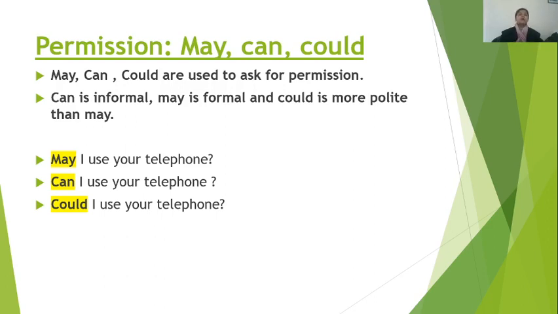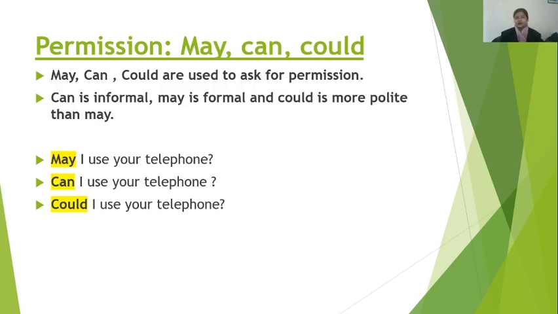Formal means you are talking to someone who is above in rank to you, who is elder than you. So when we talk to any such person, we use may for permission. And when we talk to our youngers or the peer person, we use can. And that is informal way of asking the permission. May I use your telephone?